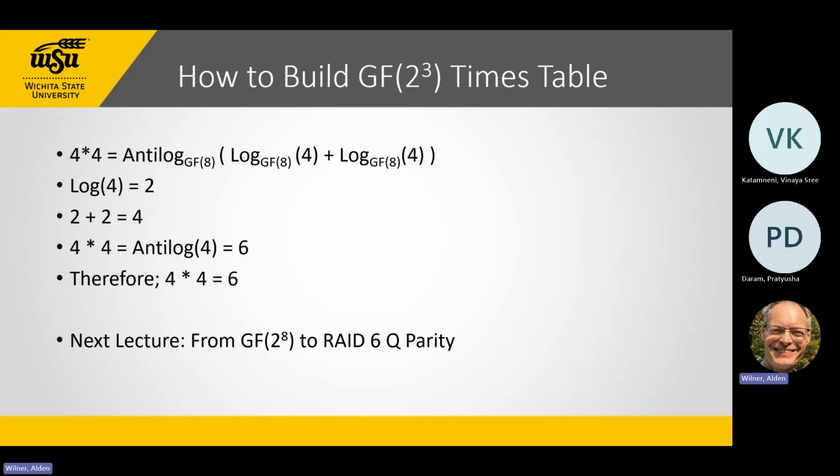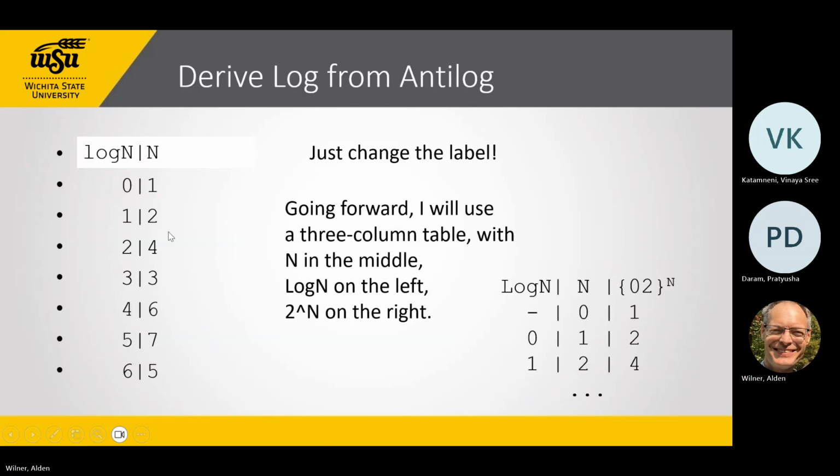So we're going to build our GF(2^3), Galois field of 8, table. So 4 times 4 is the anti-log of the log of 4 plus the log of 4. Log of 4, here's n. Log of 4 is 2, right? Add 2 plus 2.